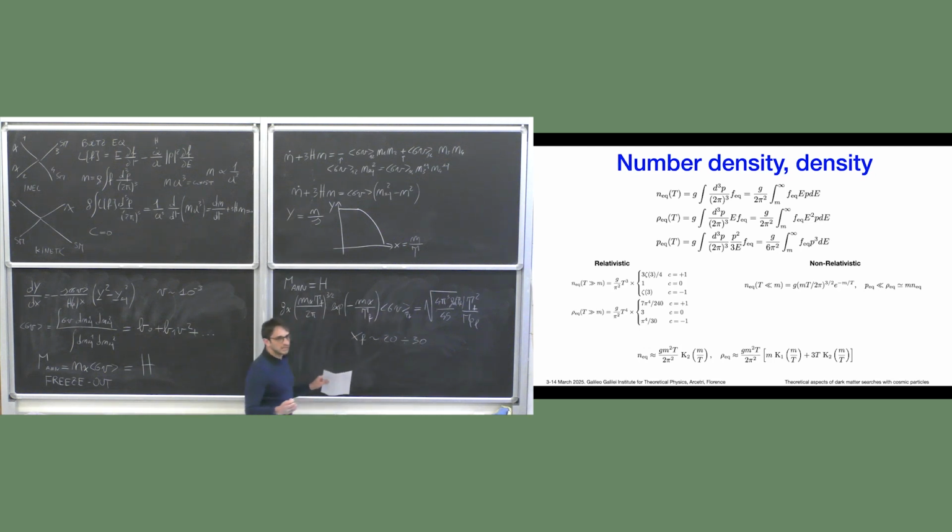We can typically take an average around 25. Now, keeping in mind that x_F is the mass divided by the freeze out temperature, this means that the freeze out temperature is roughly the dark matter mass divided by 20-30. Okay? So this is more or less the temperature of freeze out we are talking about.